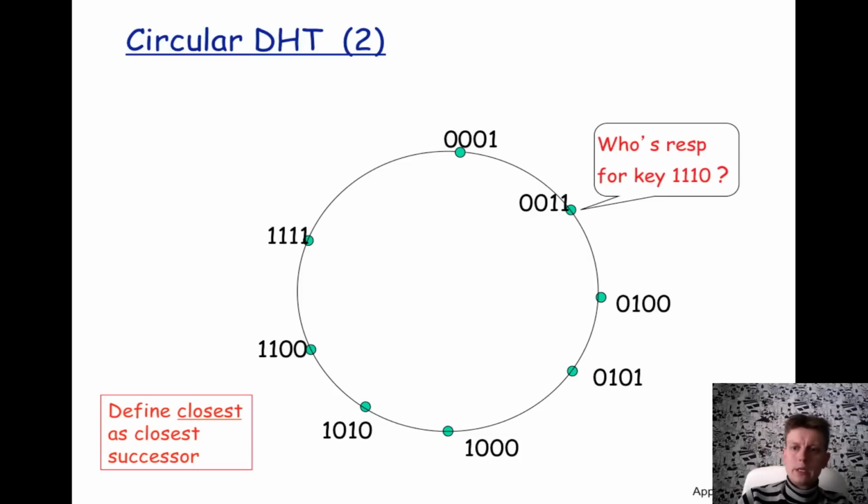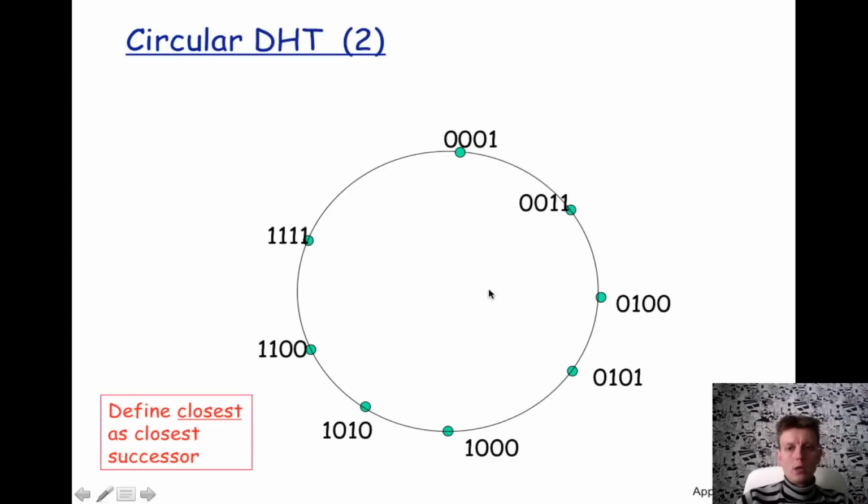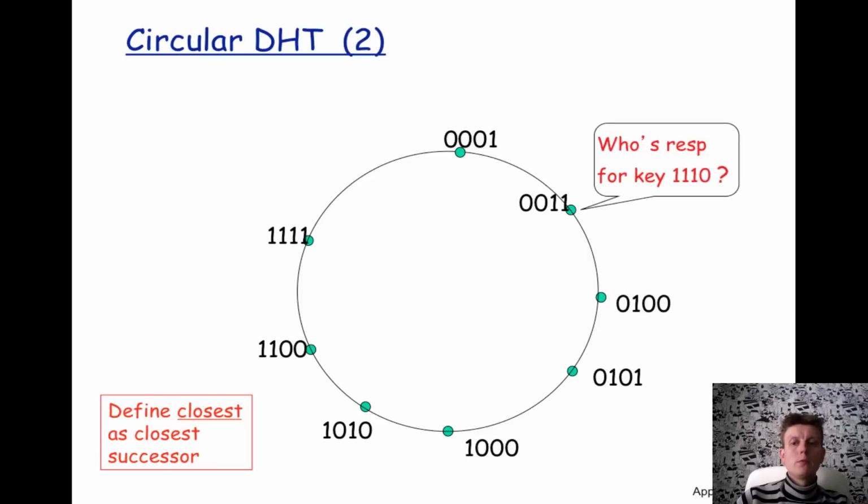In decimal, this key would correspond to number 14. The node identifiers are exactly the same in decimal as on the previous slide: 1, 3, 4, 5, 8, 10, 12, 15. Now we are looking for a peer who is responsible for an entry with the key 14, 1110.